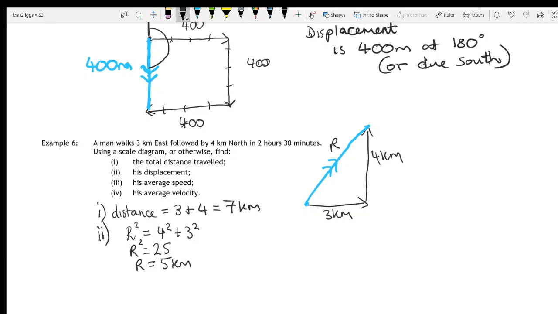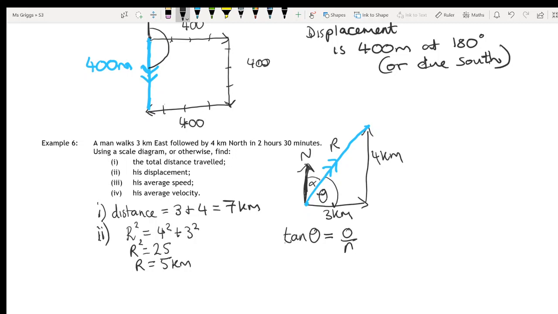We haven't quite finished yet because we need to know what the bearing is. Okay, so remember, it's always from north. That's my north. So we want that angle. But actually, it's going to be easier to calculate using trigonometry that angle there first of all, and then take it away from 90. So if we remember SOHCAHTOA, your trigonometry, we can go tan theta, the opposite over adjacent.